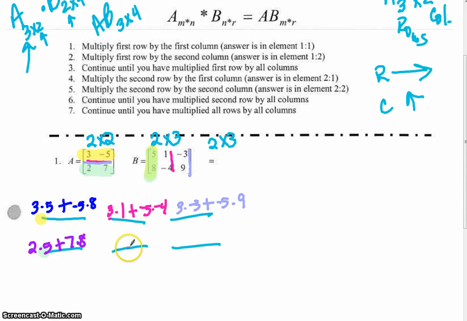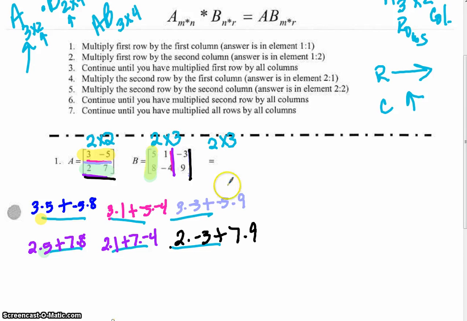This one is row 2, column 2, so row 2 times column 2. 2 times 1 plus 7 times negative 4. And then you have row 2, column 3, so row 2 times column 3. 2 times negative 3 plus 7 times 9. Once you see this pattern of what you're multiplying, the rest of it's number crunching.